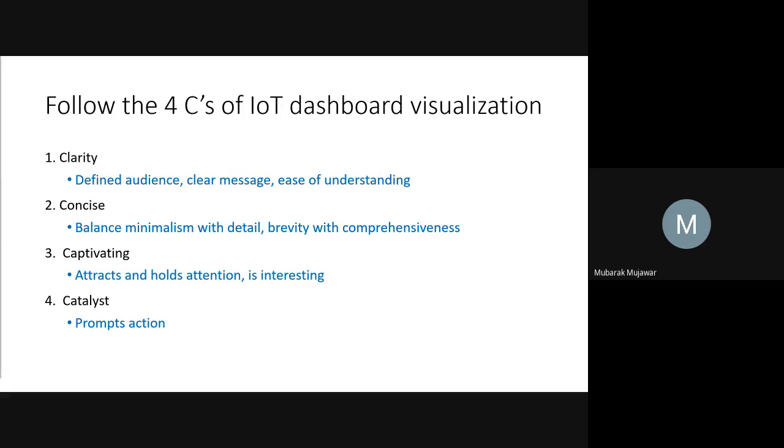By looking at your dashboard, your user has to take some actions and get engaged with your visualization. If the user is getting engaged with your dashboard, then you are doing great work, and perhaps you can be enhancing your business or enhancing the value to your customers.